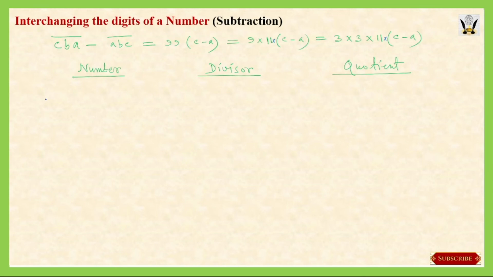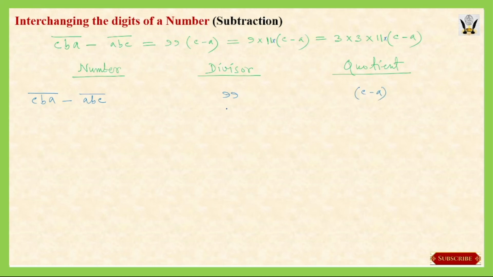So the number we take is ABC, and from there we subtract CBA. If we perform division on that result of subtraction, suppose we want to divide it by 99, then without performing the division and subtraction, we can quickly answer that the quotient will be C minus A, because we know the trick.